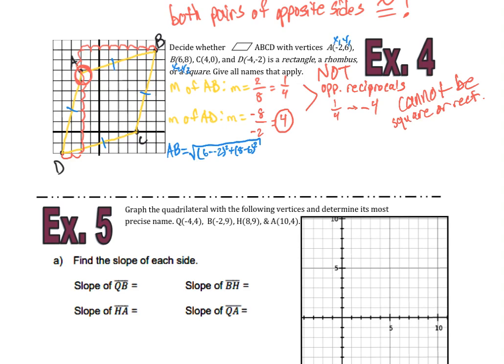And this double negative becomes a positive. You plug that into the calculator, and you end up getting square root of 68, which gives us a decimal. So I'm going to leave it as square root of 68 for now. We're just trying to see if we get the same thing, right? If all 4 sides come out to the square root of 68, then we're in good hands. That's what we want. We want all 4 sides to be square root of 68, because then we can say they're all the same. Then we can say, hey, this is a rhombus. So let's look at BC.